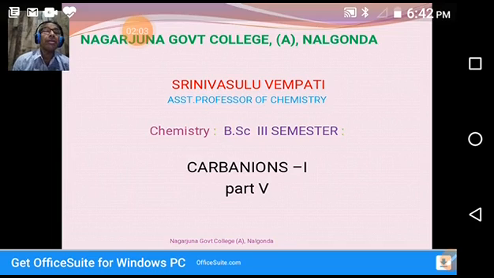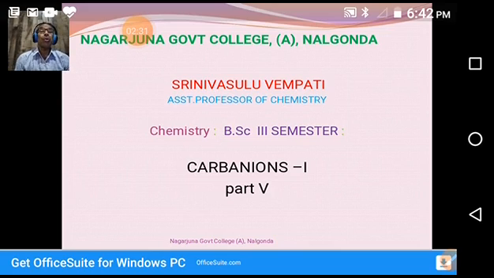After that, we have discussed carbanion involving reactions, especially aldol condensation, then benzoin condensation, then the Perkin reaction. These three reactions we have discussed with examples and mechanism.